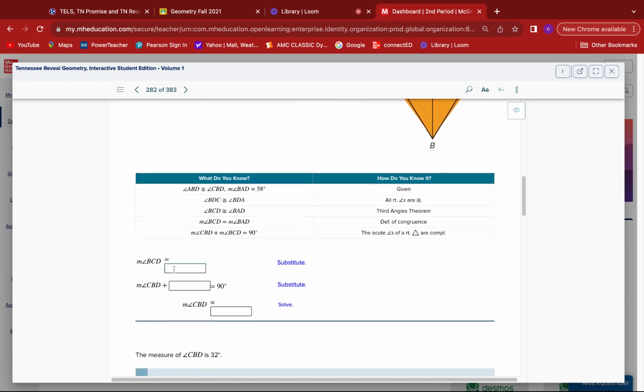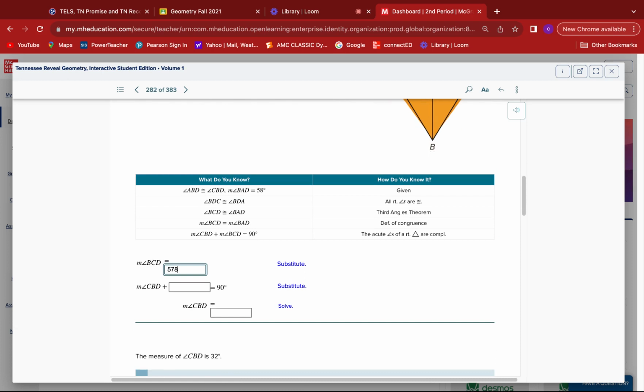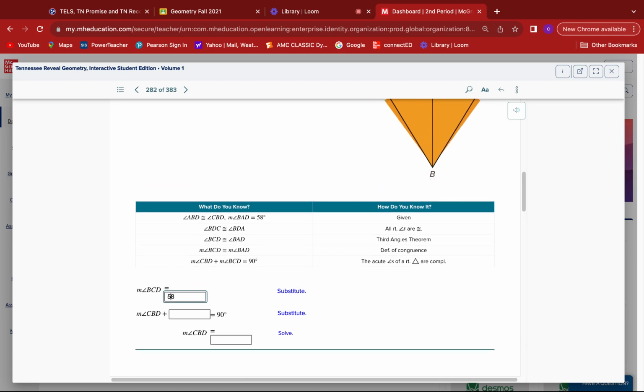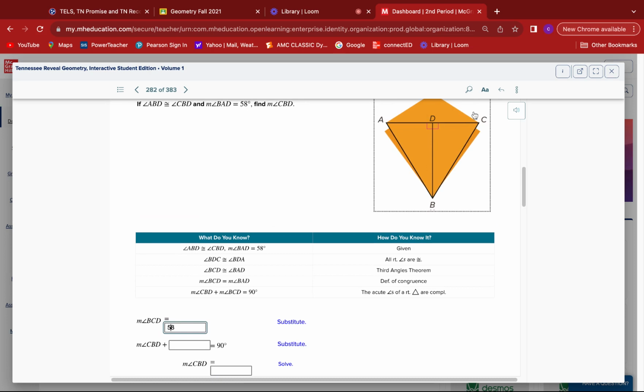All right, so let's see. That would be 58 because they're equal to each other. And then, oh, my bad. Okay, they're doing it a different way. What are they doing? So CBD, which is the unknown, plus the 58 equals 90.